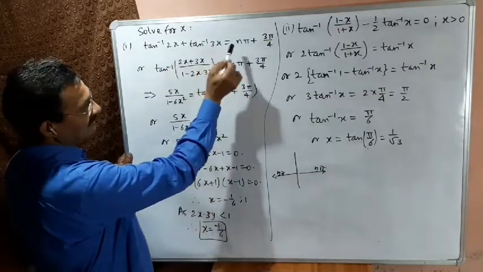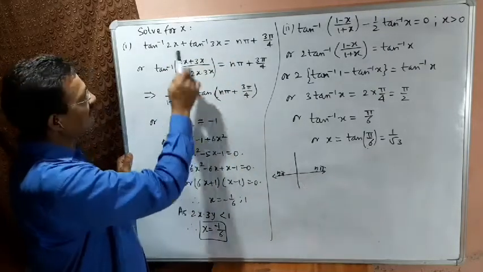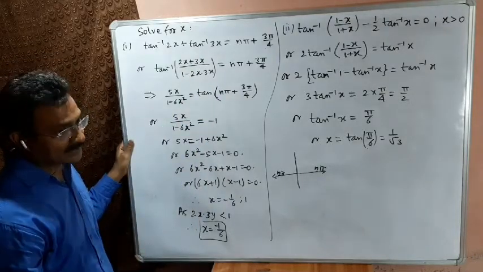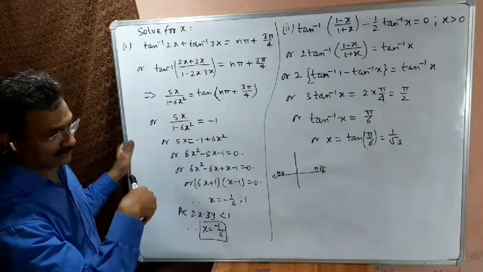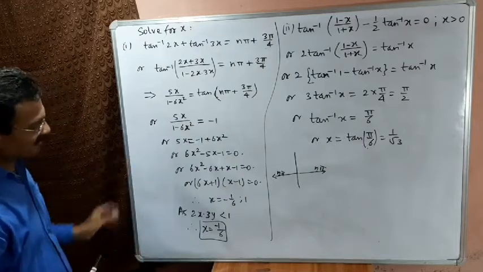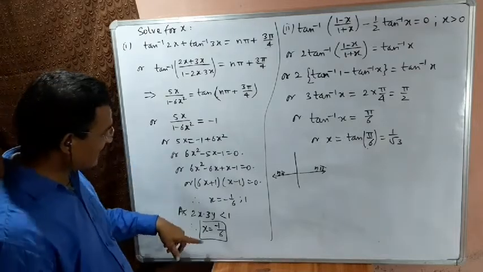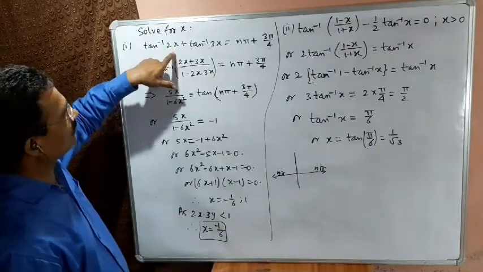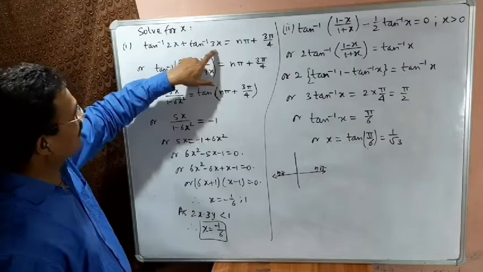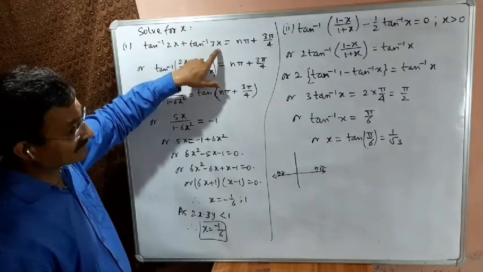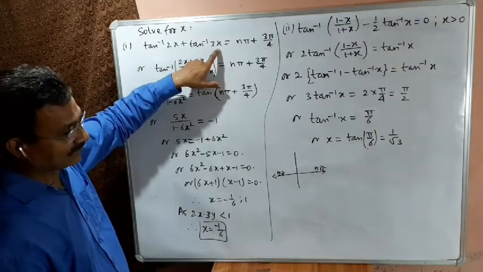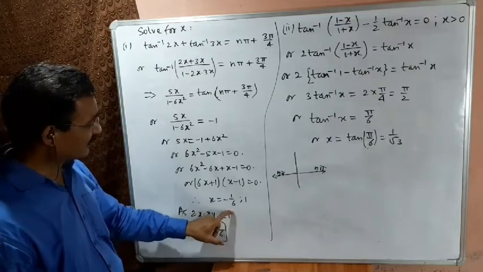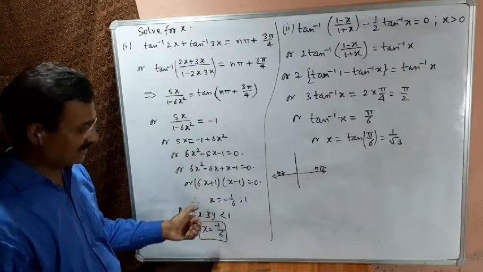If x into y is less than 1, then tan inverse x plus tan inverse y equals tan inverse of (x plus y) by (1 minus xy), which I have used right now. Therefore, if we take x equals 1, then the value of this will be 2, the value of this will be 3, and 2 into 3 is 6, which is greater than 1. Therefore, we will not accept 1 as a root.